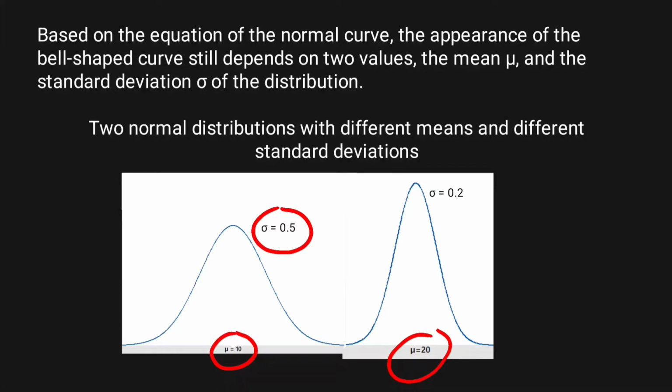Then yung mean is 20, standard deviation niya is 0.2. So mas mataas. Pag mas maliit na standard deviation, mas mataas yung graph niya. Okay, so meron tayong maraming mga normal distribution, dahil depende nga yan sa values ng mean tsaka ng standard deviation. Okay?